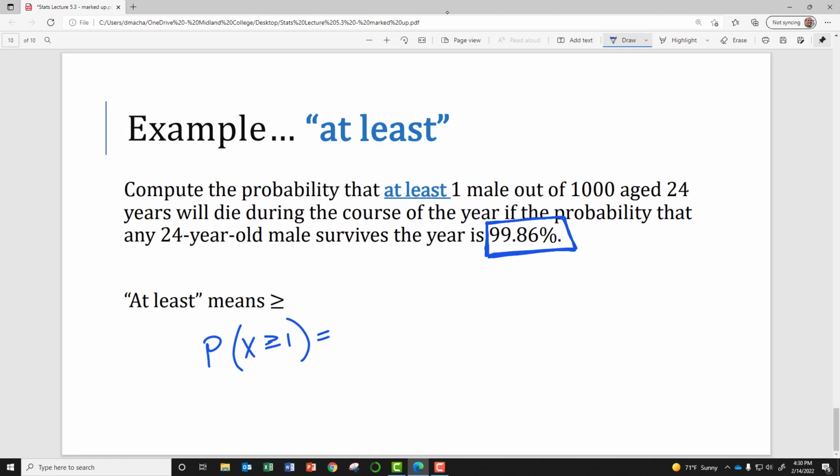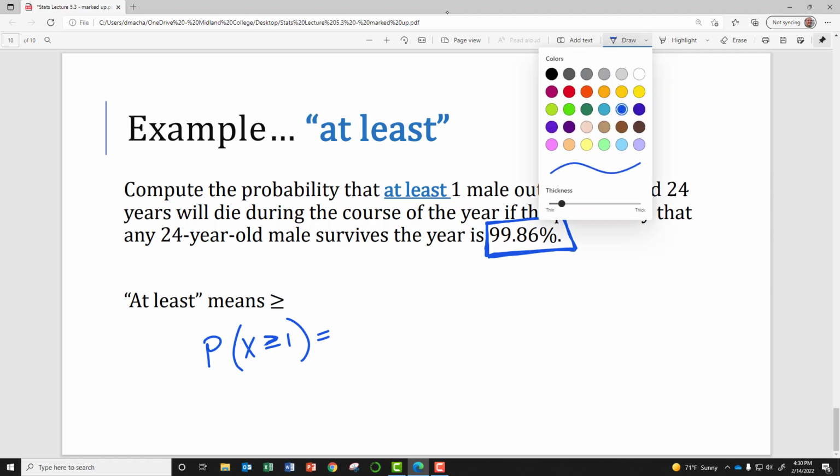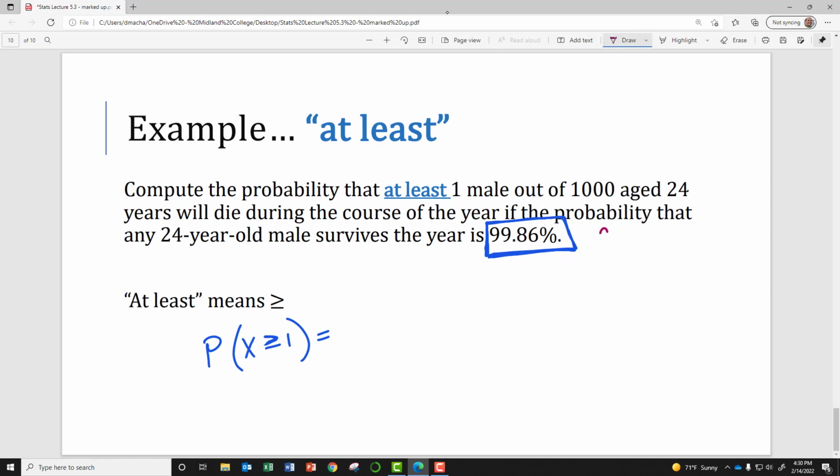Well, the probability that any one of those is actually going to die. This is sort of one of those complement rule calculations. So for any one, the probability of death is going to be, let's see, 100% minus 99.86%. So this is just the complement rule.